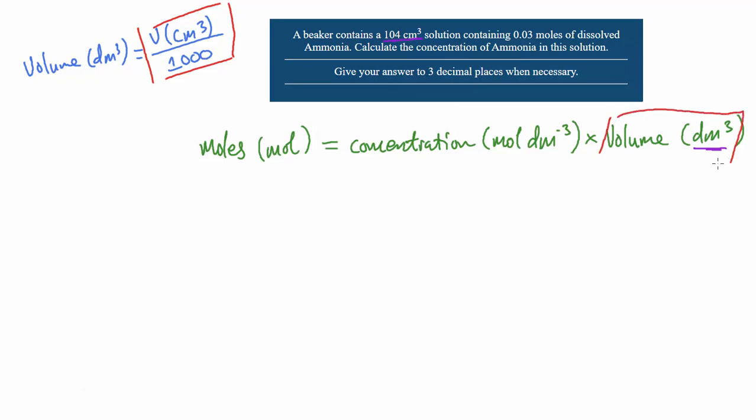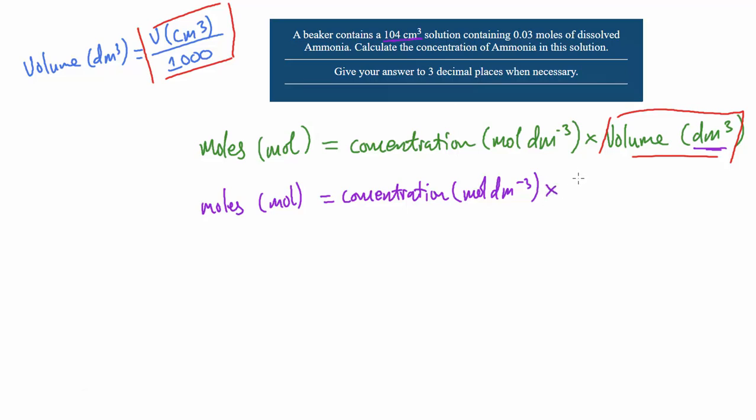If we do that substitution, what we get is that the moles is equal to the concentration in moles per dm³ multiplied by the volume in cm³ divided by 1,000.